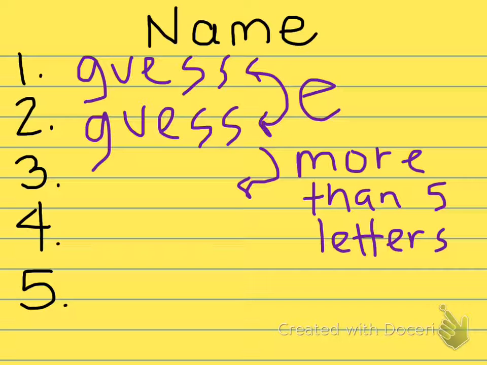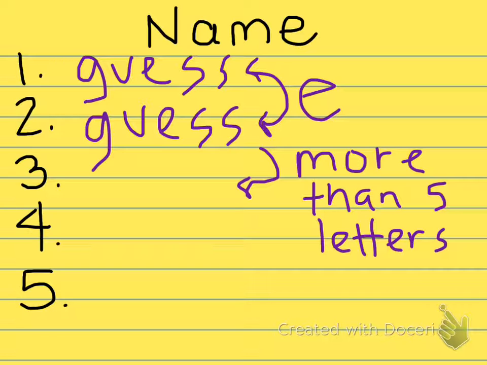Now you need to pick a new word on the word wall that has an E and is more than 5 letters. So look at the word wall and pick one. Pause the video if you need more time. Make sure you spell it correctly. Find a word on the word wall that has an E in it and has more than 5 letters. And get your guess written for number 3.